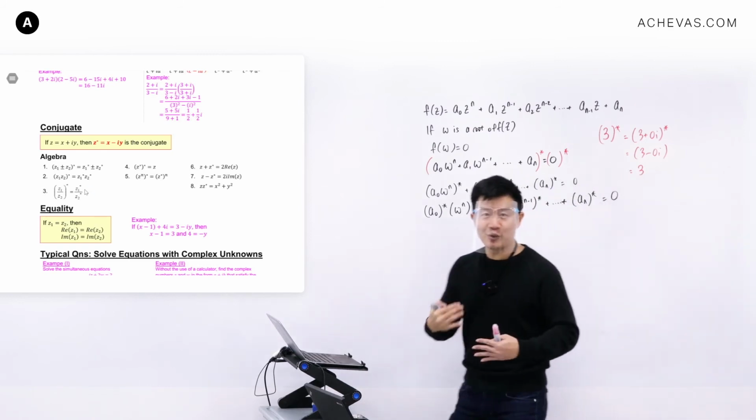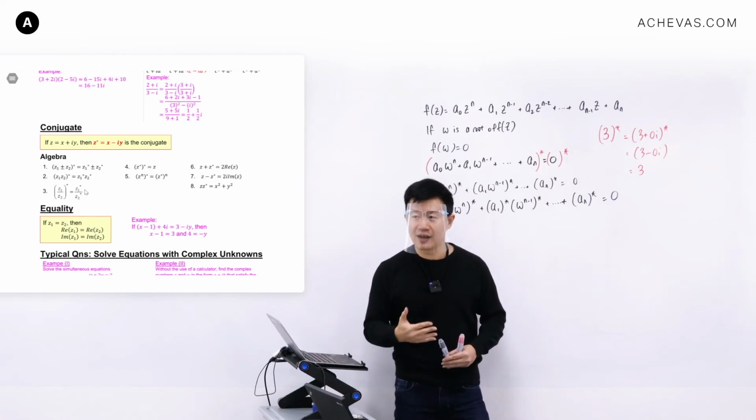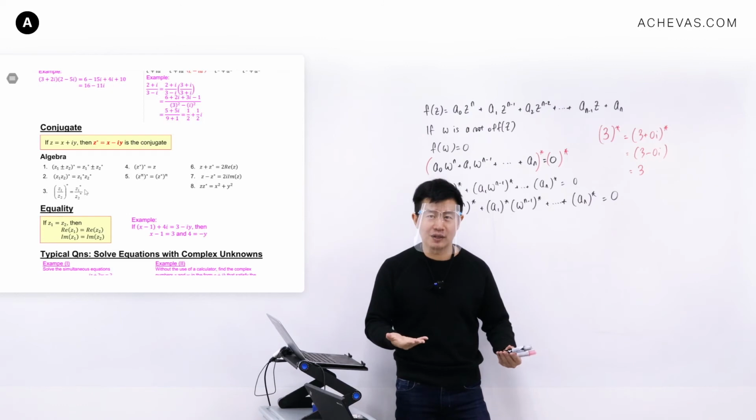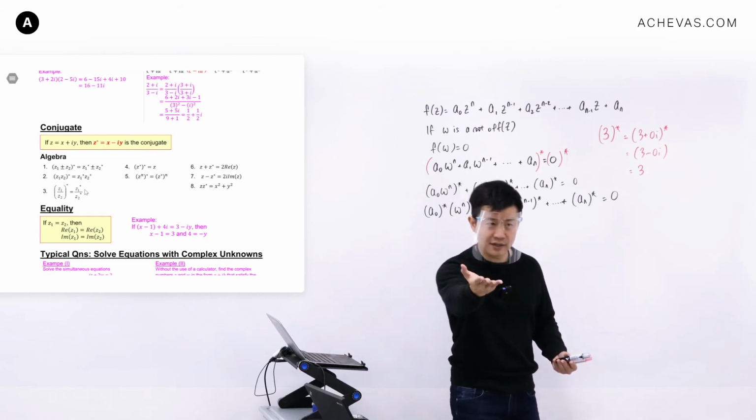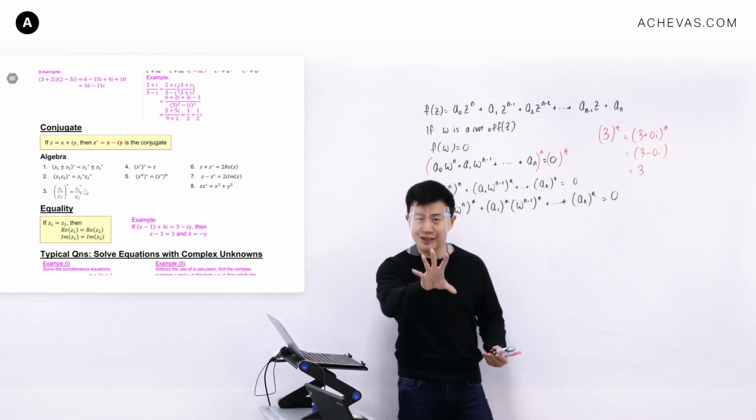Thomas, what do you think? Why do you think I continue to write an conjugate as an conjugate? Why don't I just simply write it as an? Yes. Okay, this is a very, very good way to approach complex numbers.